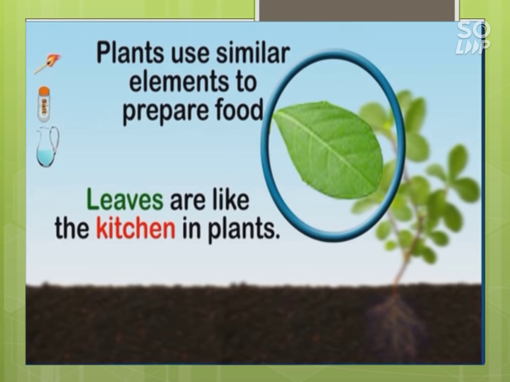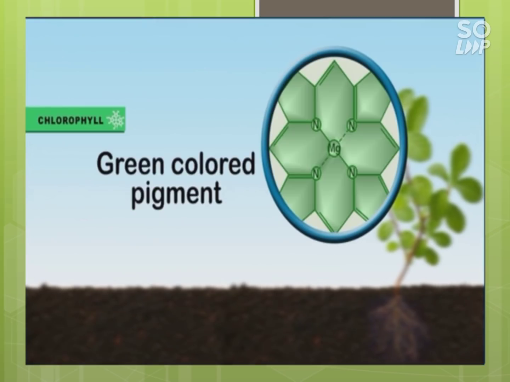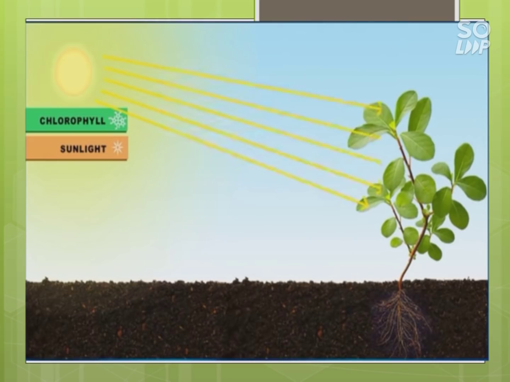So, in a way, we can say leaves are the kitchen in the plants, as the process of food production takes place only in the leaves of a plant. To produce food, they make use of chlorophyll. Here, chlorophyll is a green colored pigment present in the leaves. This chlorophyll absorbs the sunlight freely available in the atmosphere.